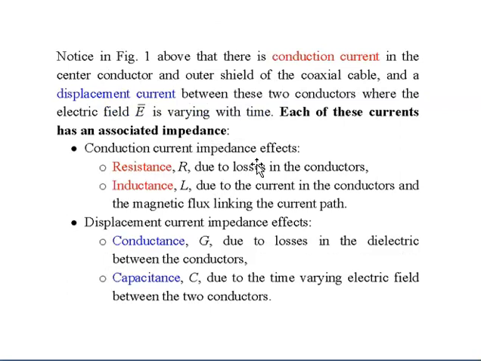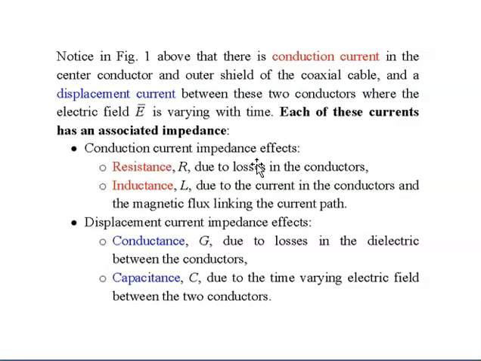Notice in the figure, there is a conduction current in this center conductor and also the outer shield of the coaxial cable. Besides that, you also have the displacement current, which is between the two conductors where the electric field is varying with time. Each of these currents has an associated impedance.